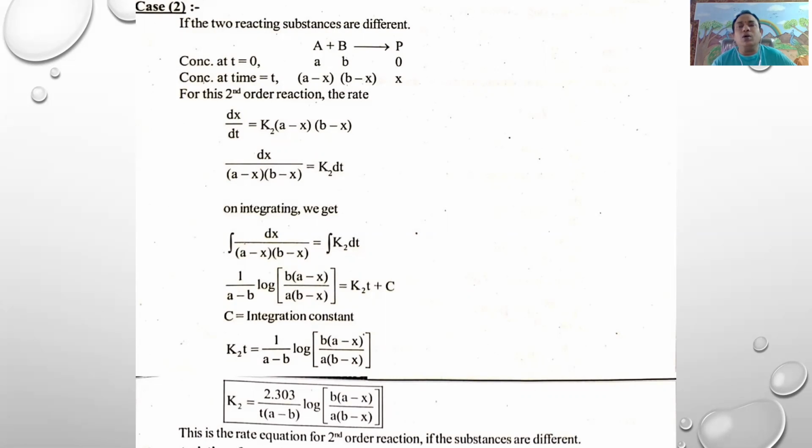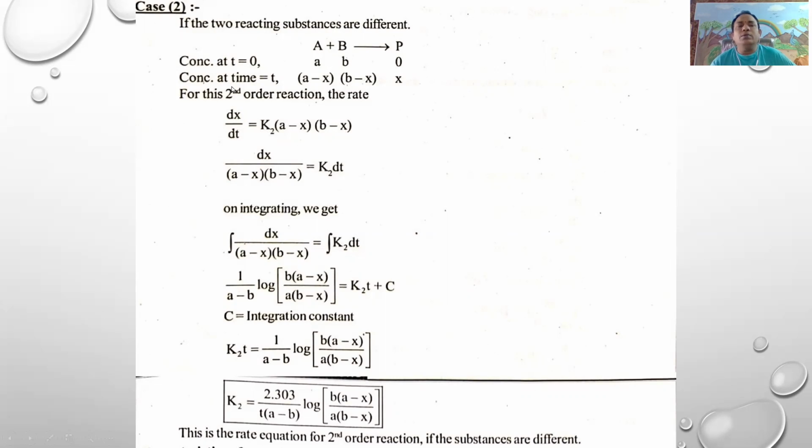Here, the order with respect to A is first order, and with respect to B is first order. The total overall order is 1 plus 1 equals 2. That is, the rate dx by dt equals k2 into (a minus x) into (b minus x), where k2 is called the second order rate constant.